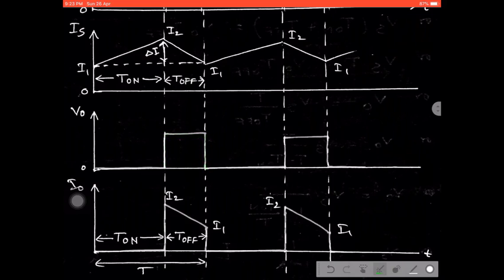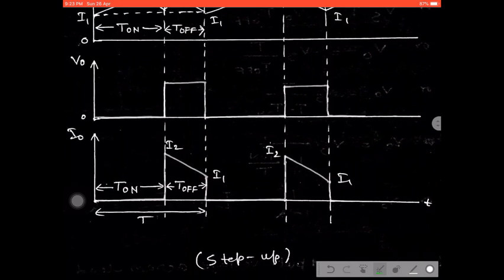Okay, got my point? So we can say there is no concept of I0 when the switch was on, because the inductor was charged and no current was transmitted to the output side. But when the switch was off and the inductor starts discharging, the current starts flowing to the load.